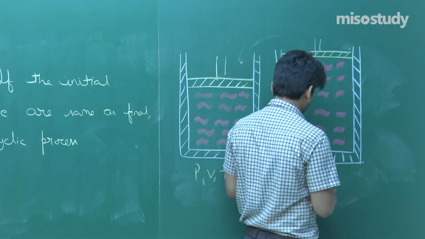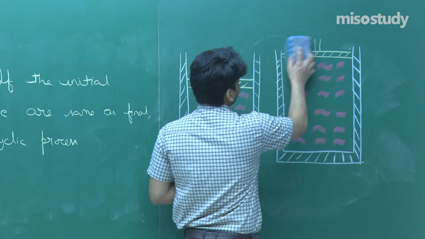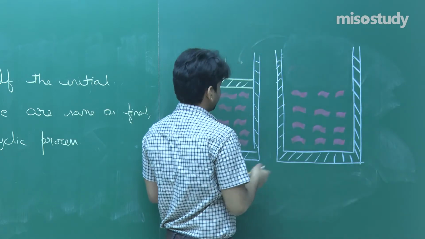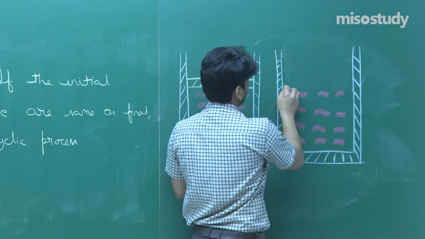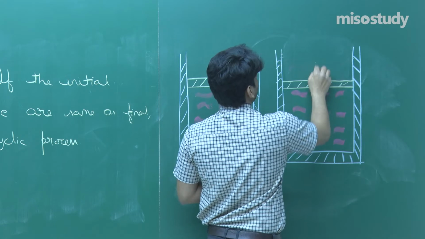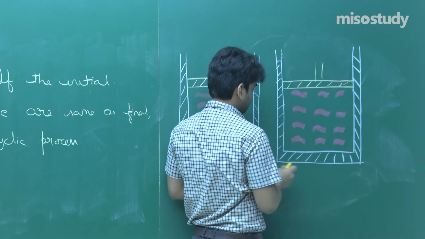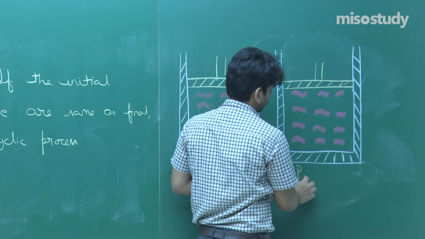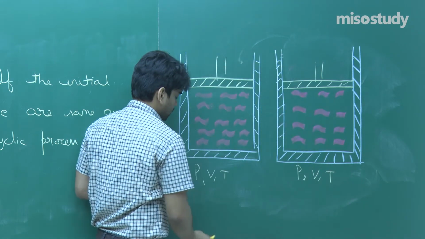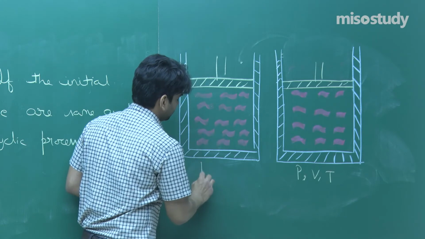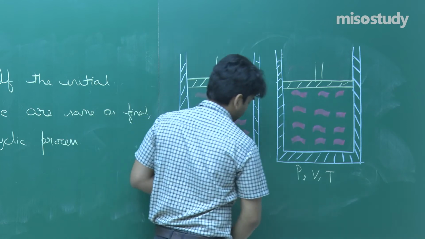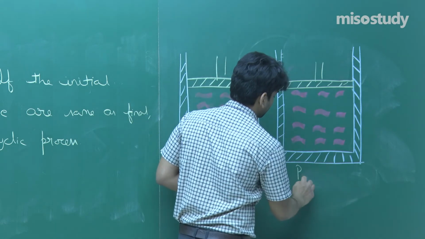I'm going to show you the final state that has to be same as the initial one, and there can be exchange of heat also through the process, need not worry about it. The final state has to be same, that is pressure, volume, temperature will be same as the initial one. So if I write pressure, volume, temperature as Pi, Vi, Ti, and here pressure, volume, temperature as Pf, Vf, Tf.